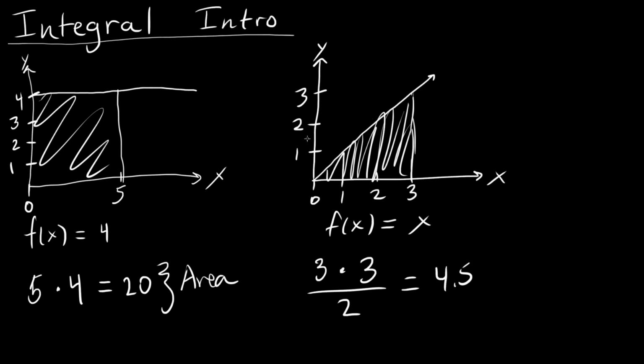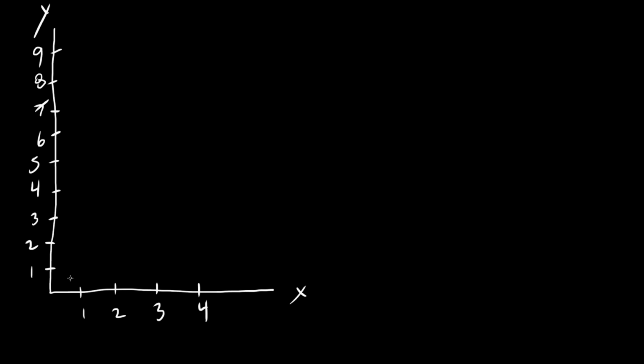Okay, so for these graphs, finding the area wasn't too bad, because these areas were modeled by polygons that we're familiar with, such as a rectangle here or a triangle. But now let's go to an example where problems start to arise. This function is going to be a quadratic function.